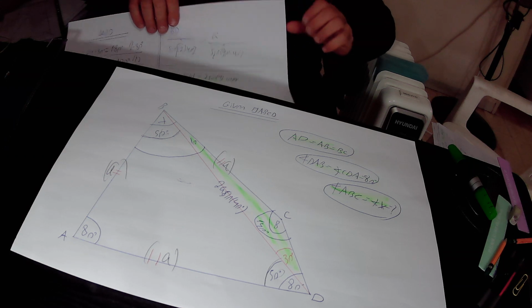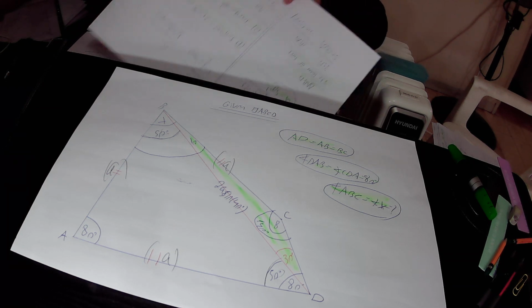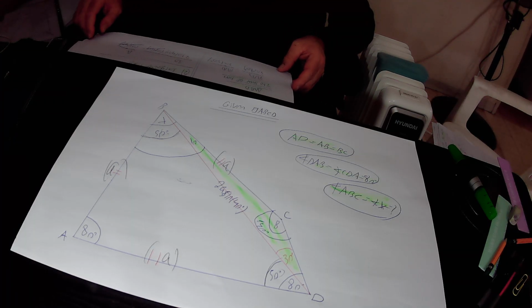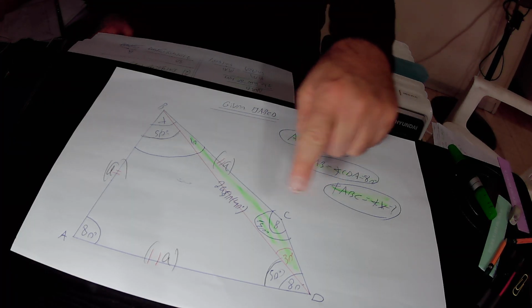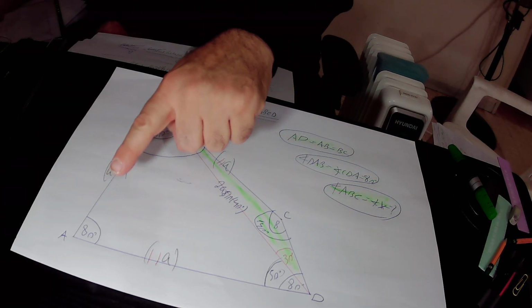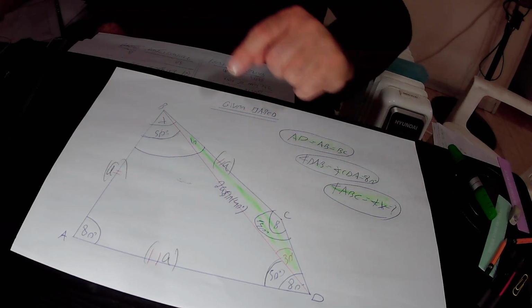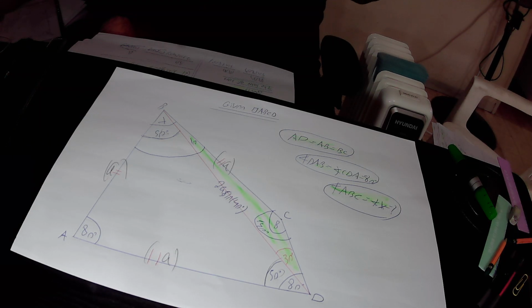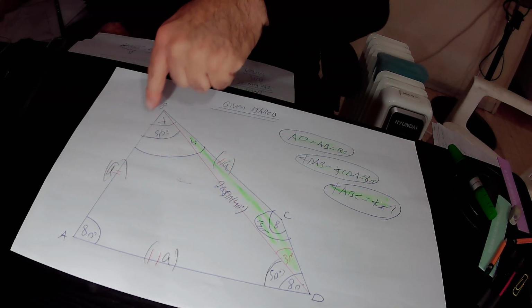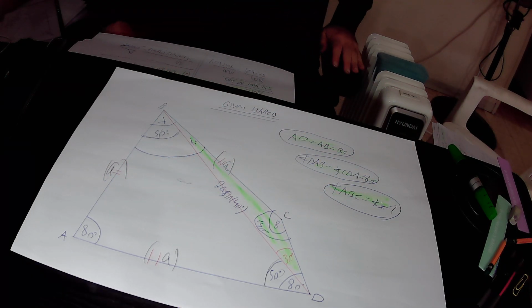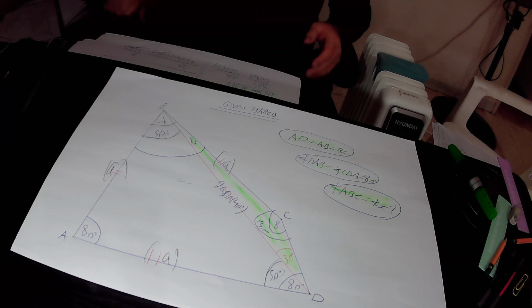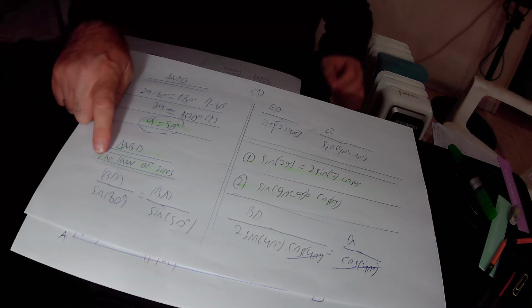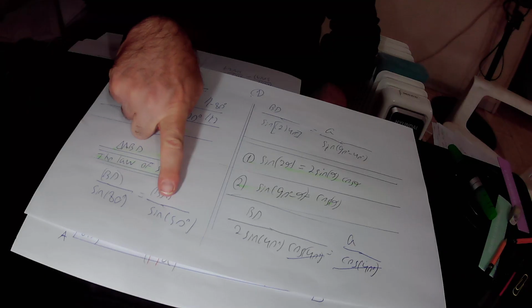According to the law of sines, the following equation holds for this triangle: BD over sine 80 degrees equals BA over sine 50 degrees.